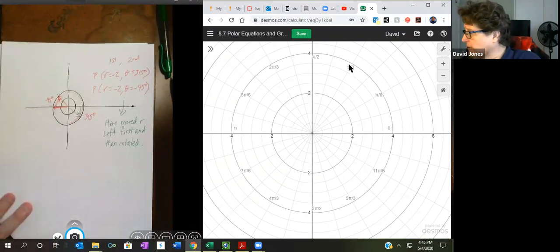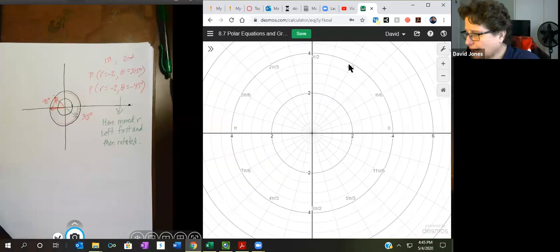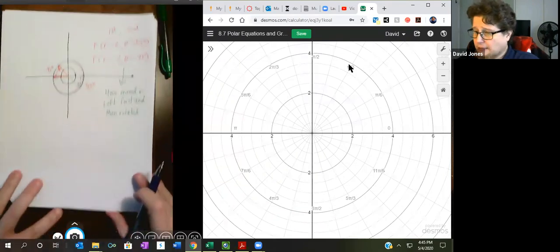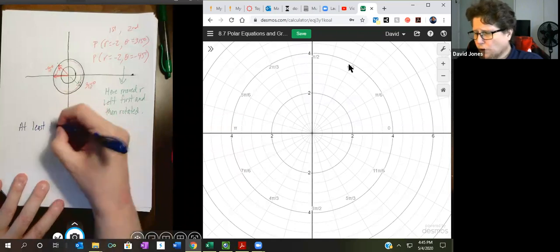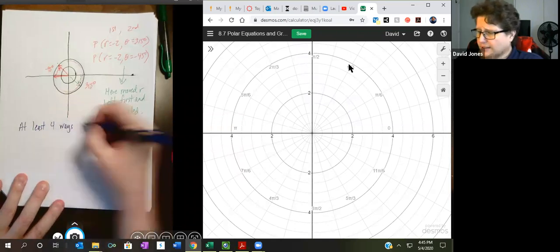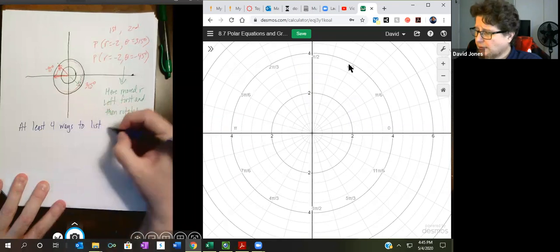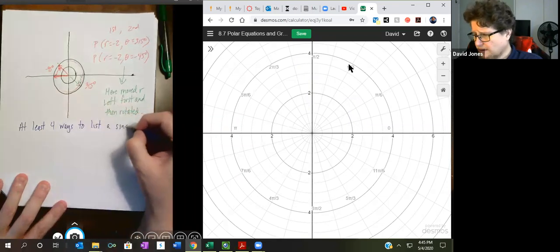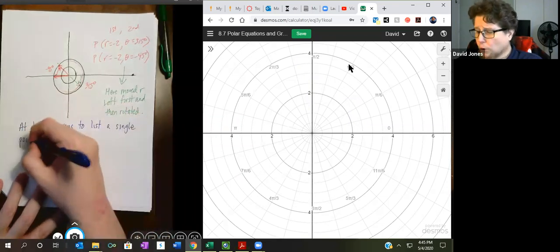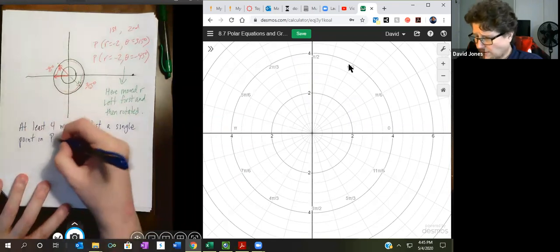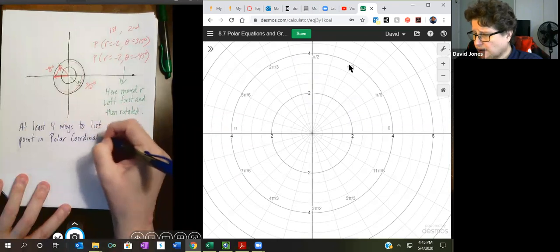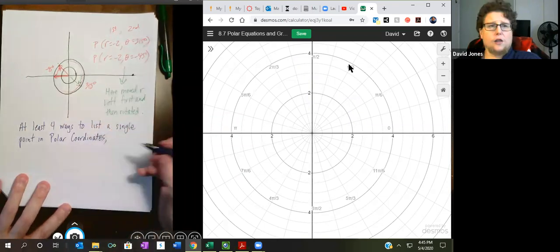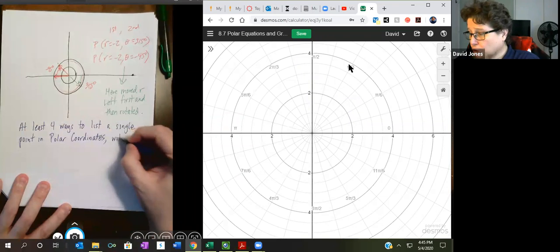Okay? So there are at least 4 ways to list a single point in polar coordinates without making multiple loops.